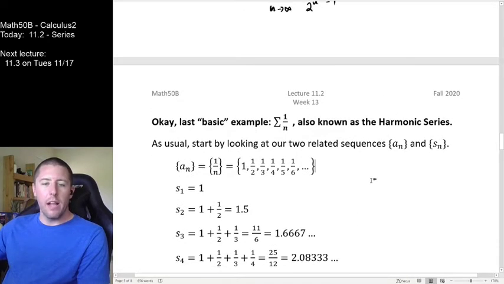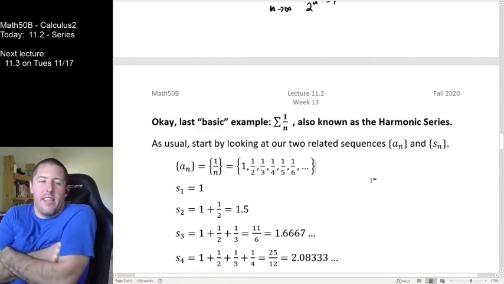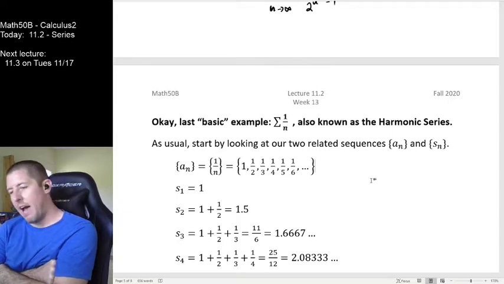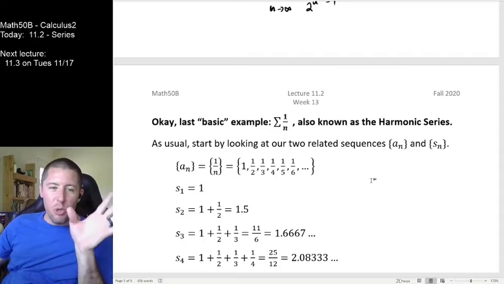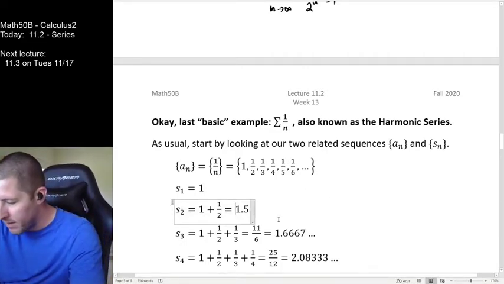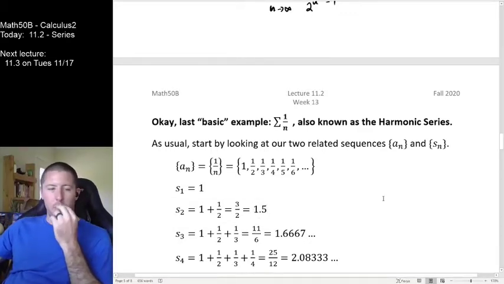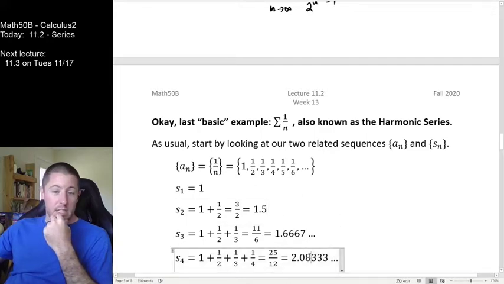All right. So we're looking at our partial sums here, and what we're seeing is not quite the same action as we saw in our previous example. I'm adding 1, 1 plus a half, 1 plus a half plus a third, 1 plus a half plus a third plus a fourth, and 2 things are happening here that are different than what we saw before. 1, every time we get up to a point where I'm thinking to myself, well, maybe this is going to stop at the next integer value, it didn't seem to do that.